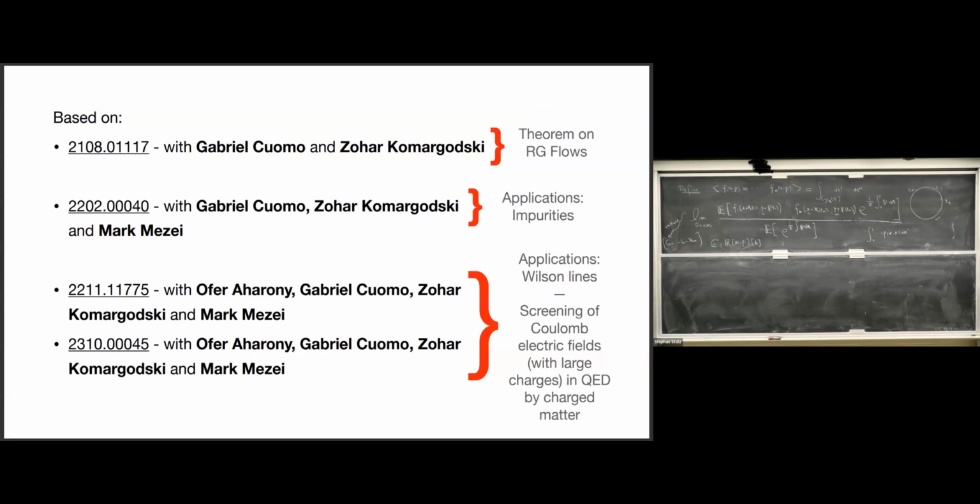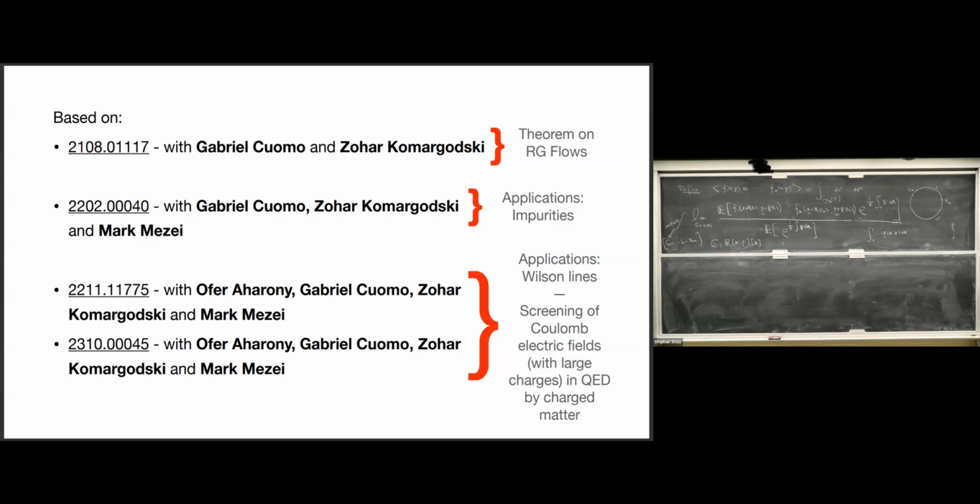The first one is based on work that was done together with Gabriel Cuomo from NYU and Princeton, and with Zohar Komargodski from the Simon Center. The first one is about a general theorem regarding RG flows on line defects.